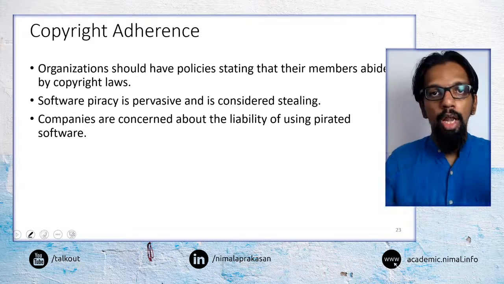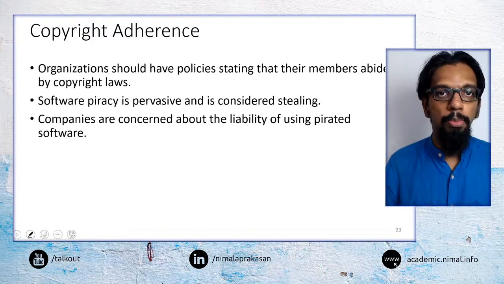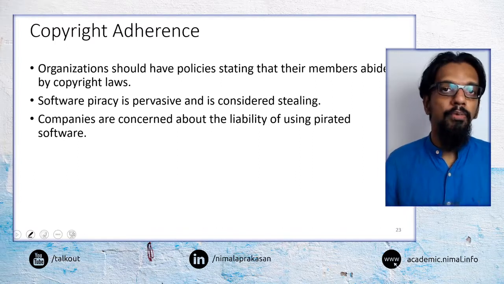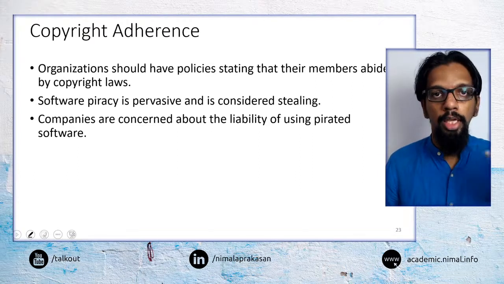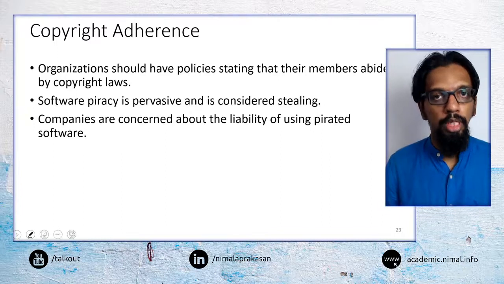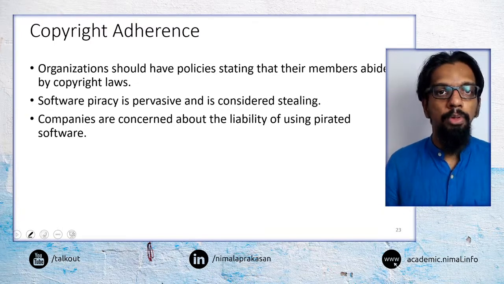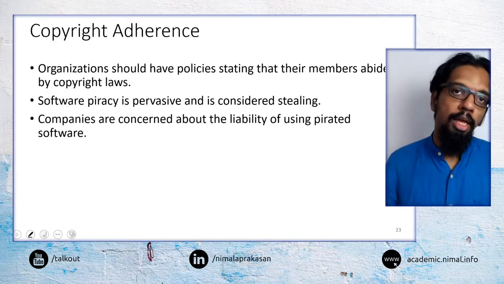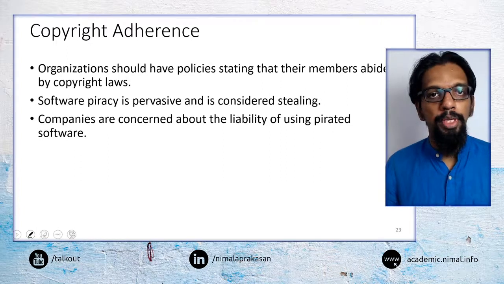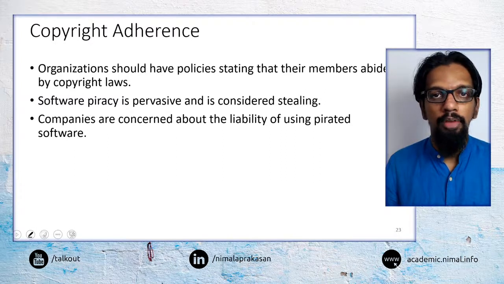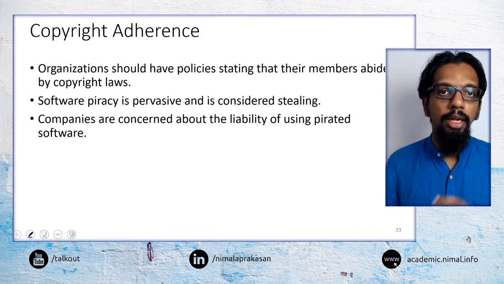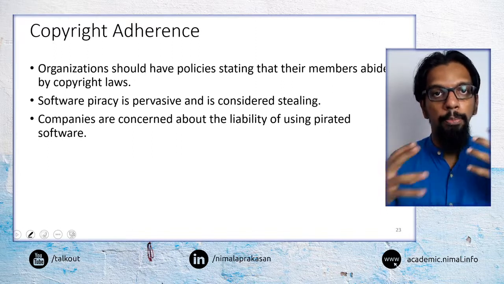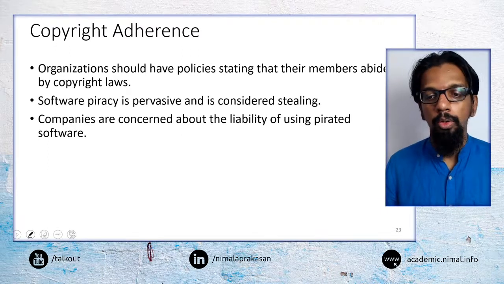If a large organization is known to be using pirated software, the software vendor may make a criminal case against that, and that could lead to significant issues, and it could give a bad name to the organization as well. If you are a famous bank and you are using pirated copies of office software, for example, that could be a bad name publicly from a PR point of view. Also, it could be an issue.